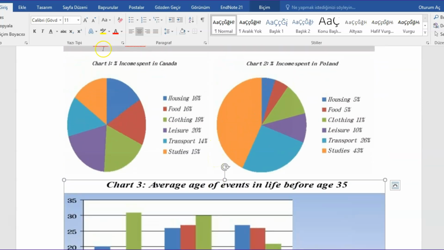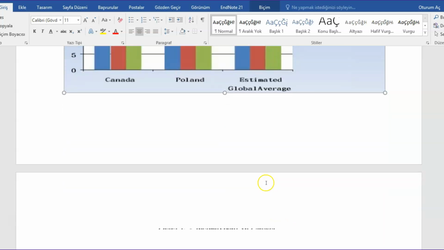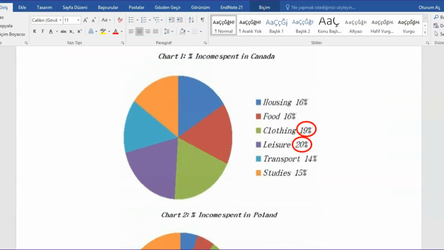In chart 1 we have income spent in Canada, in chart 2 we have income spent in Poland, and in chart 3 we have life events according to their age, in Canada, Poland, and in a global average, right?